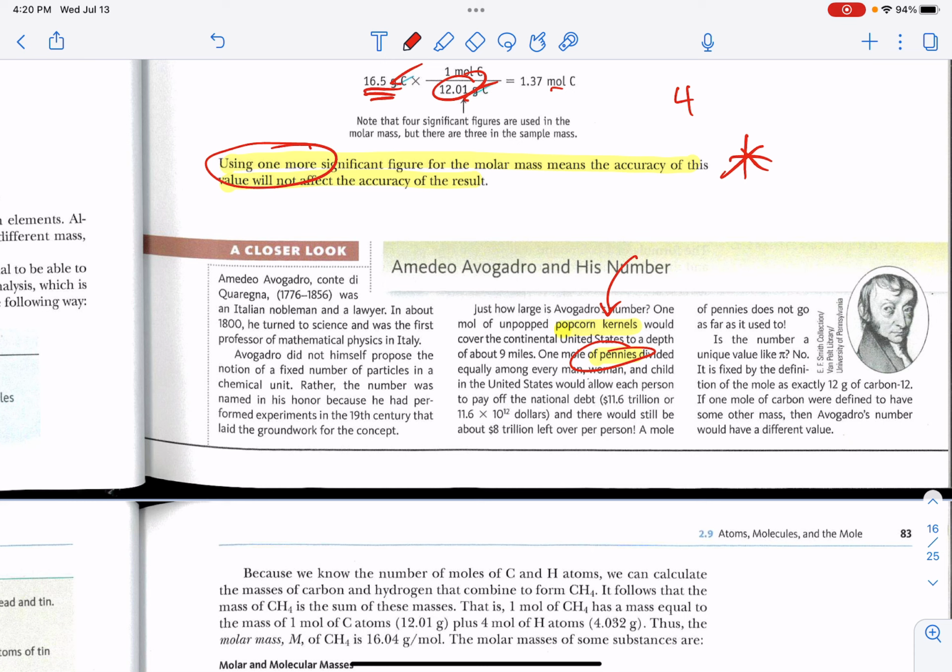No, I take that back. 370 million. That would allow everybody to pay off the national debt. You can see how old this book is, because thanks to the politicians in recent years, if only we were down to 11.6 trillion.